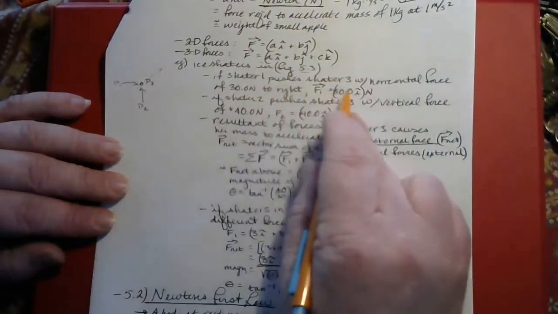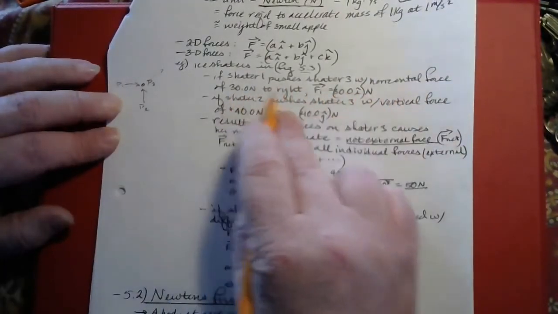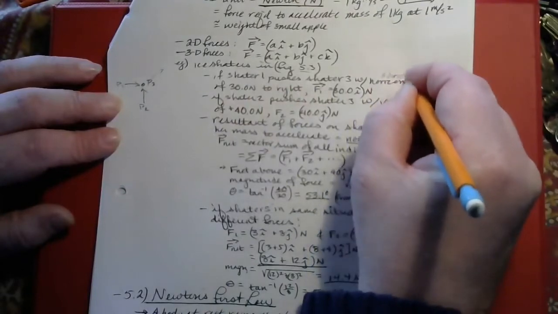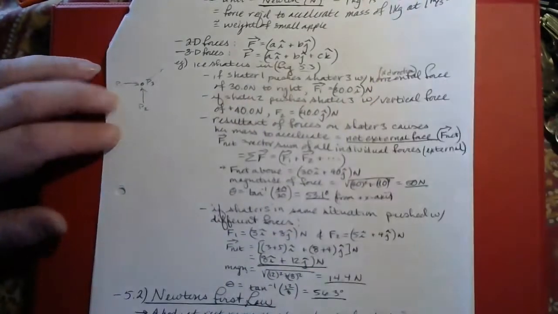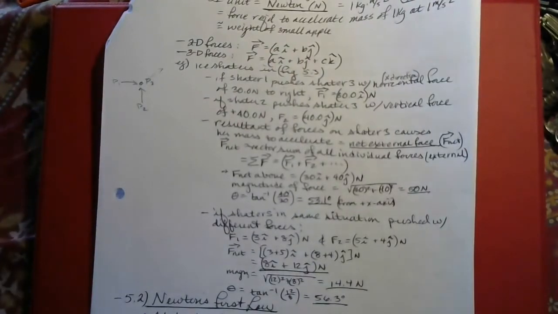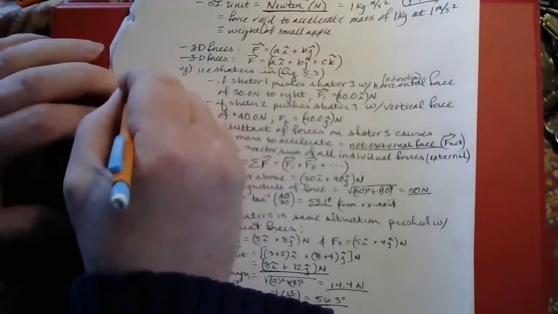If, say, skater 1 pushes on skater 3 with a horizontal force, I think they were talking about horizontal in the diagram, since from ground level in 3 dimensions all of the forces are horizontal. So let's say an x direction force of 30 newtons.